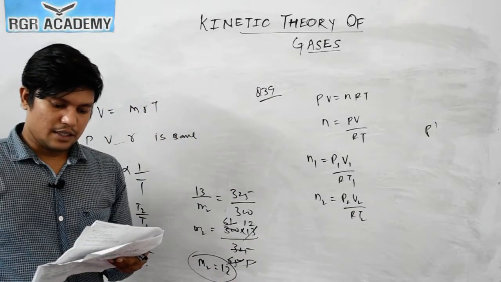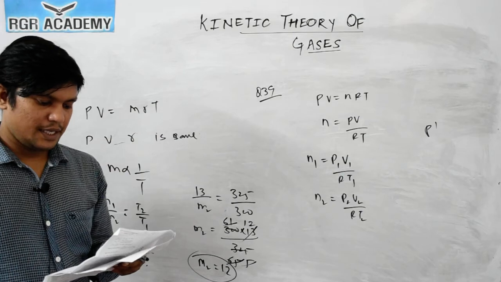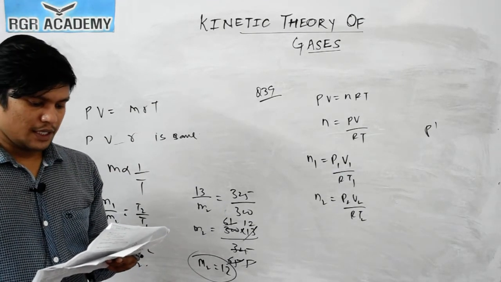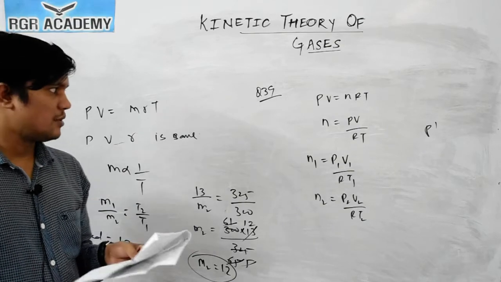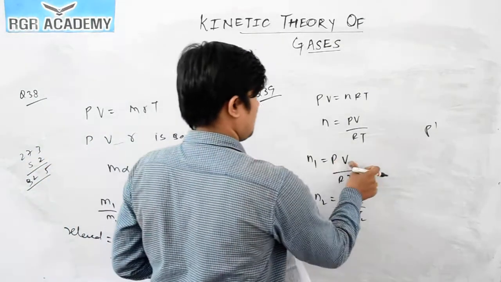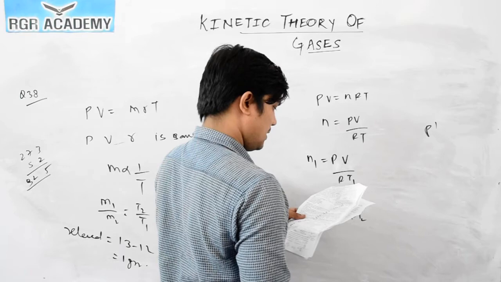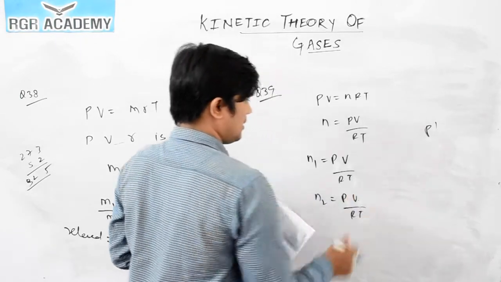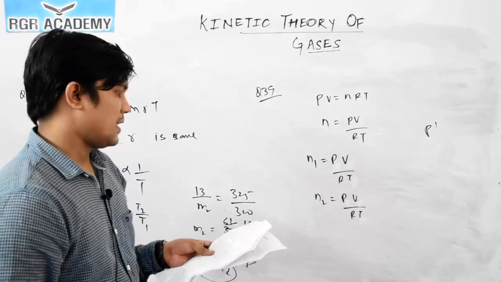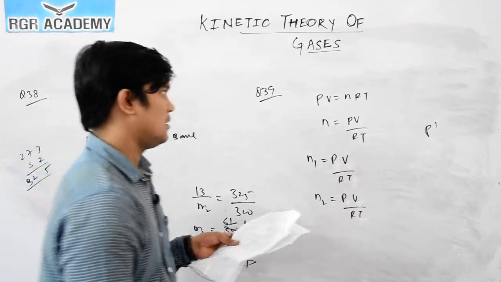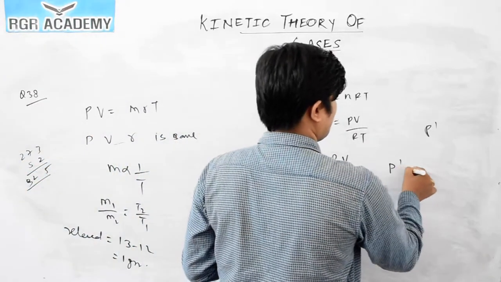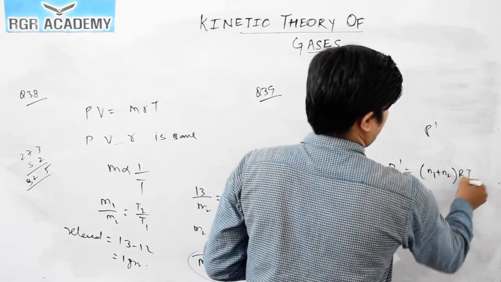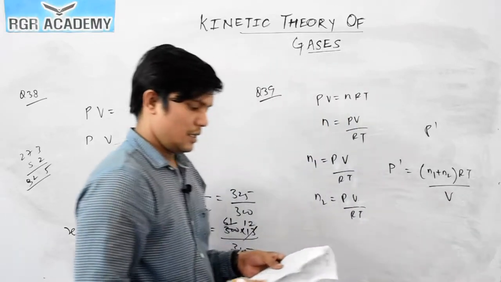Volume is same, they are mixed, so pressure is also same, so pressure, volume and temperature is same. So everything is same, so this is N1, this is N2, okay. So final pressure we can consider as P dash. So what will be the value of P dash? P dash will be equals to N1 plus N2 R into T by V, okay.